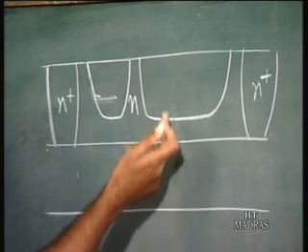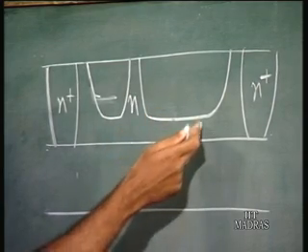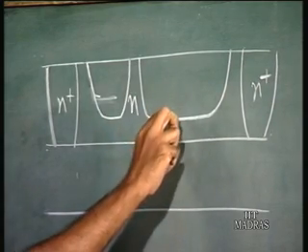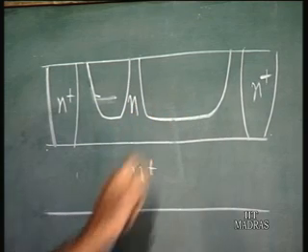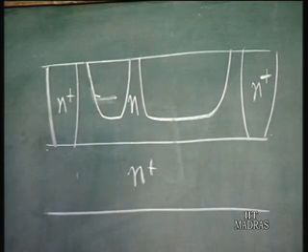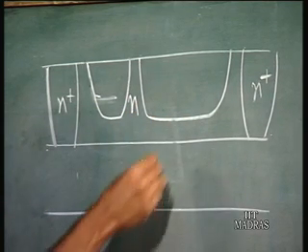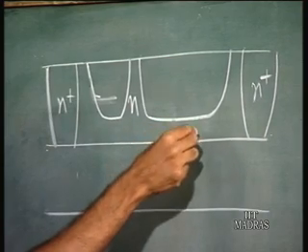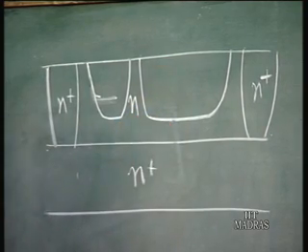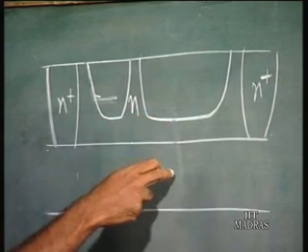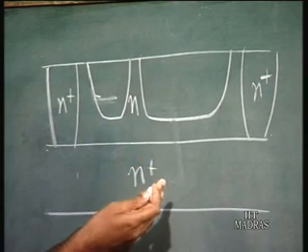Because this N region, whatever the thickness, you have a lot of minority carrier stored charge here. Again, from the same principle, if you have a lot of minority carrier stored charge here, there will be more hole injection from the base to the emitter, which is going to reduce the beta of the transistor.